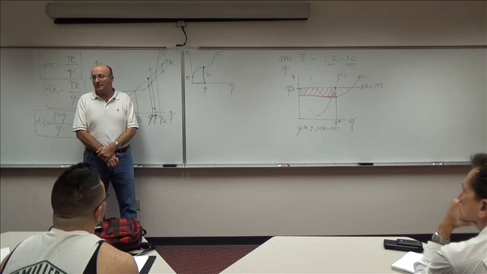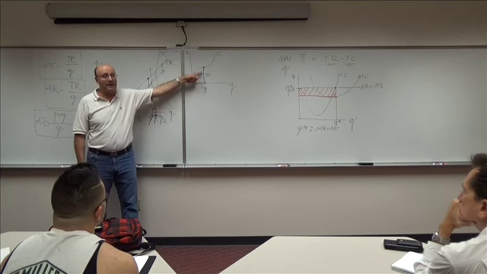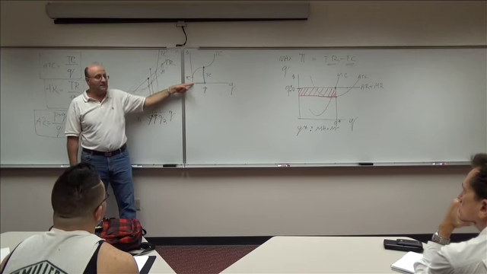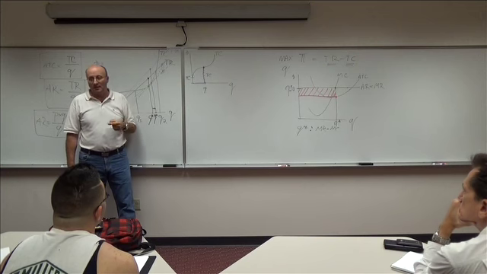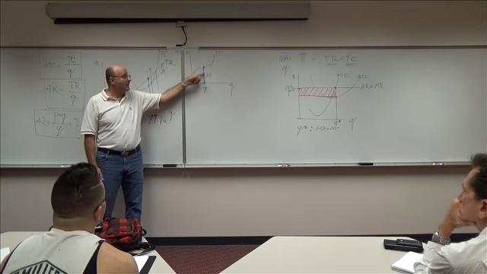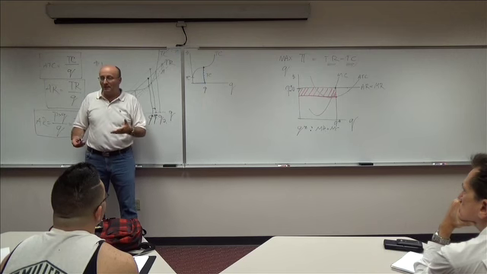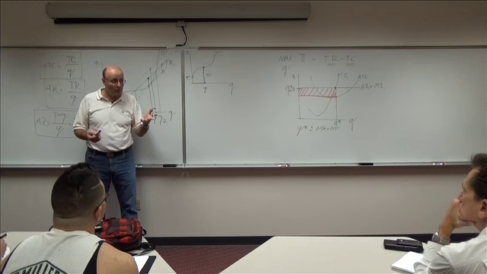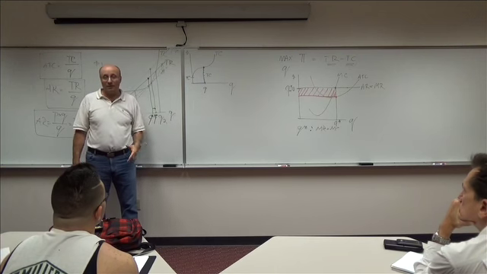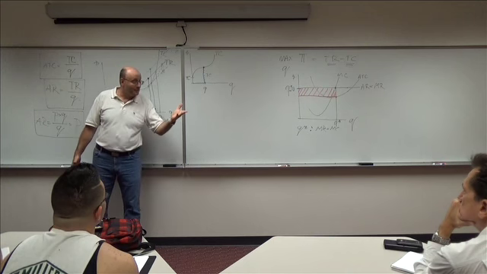Let me give you a hint. You call this a rise, and you call this a run. In other words, when you calculated rise over run, slope. Remember? Slope. Rise over run.